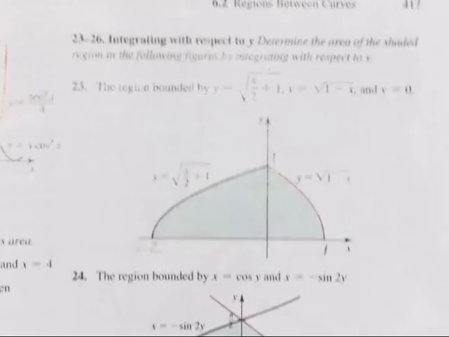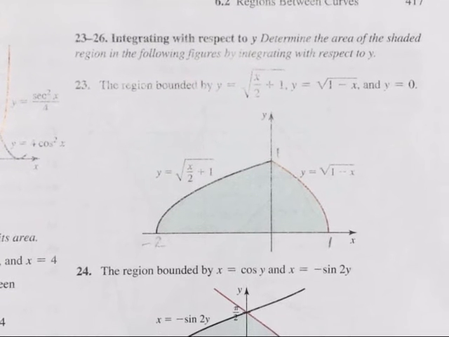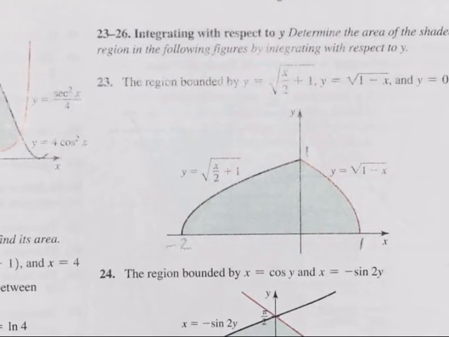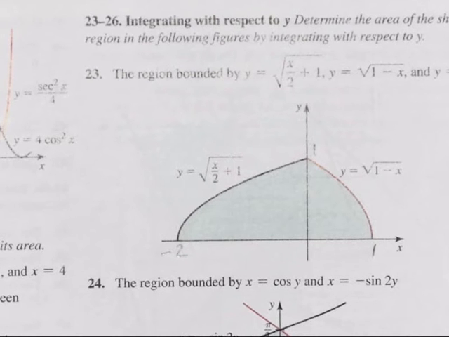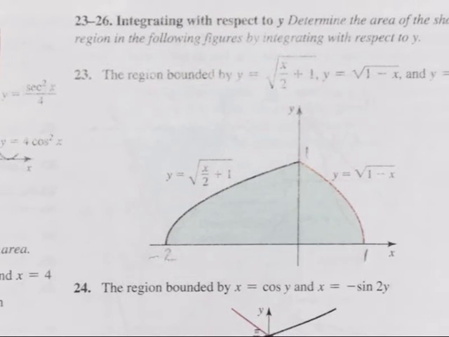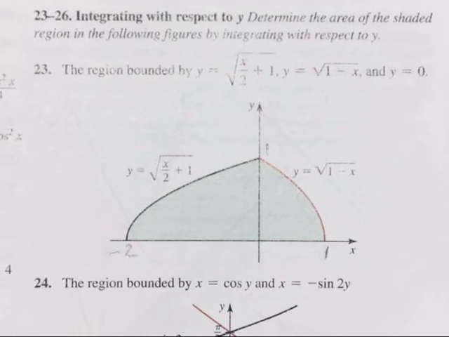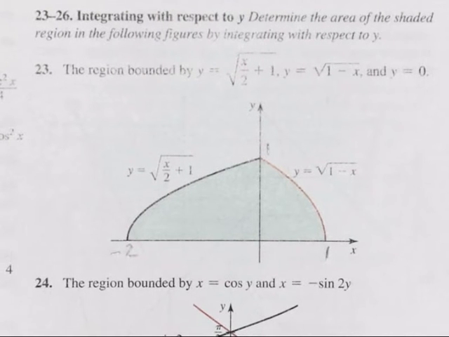Okay, so let's try an example here. This is number 23, the one that I was wanting to do. Integrate with respect to y. Determine the area of the shaded region in the following figures by integrating with respect to y.